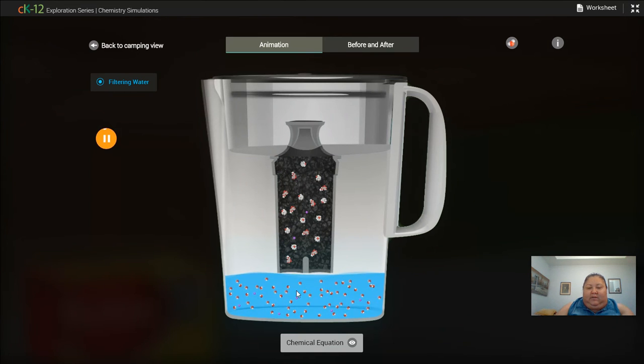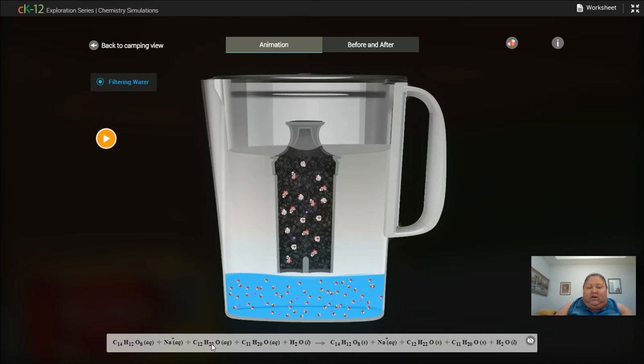Yeah, you got a couple of ions in there, but nothing that's really going to hurt you. All right, so this is more of a physical change, right? Because you're not changing the water chemically, you're just basically filtering all the bad stuff out. Like the germs and everything. Exactly. Oh yeah. So, all right.